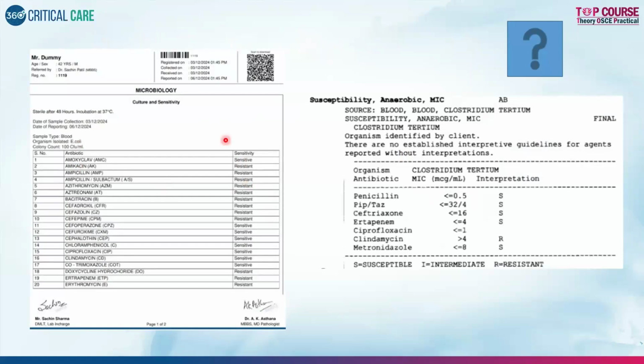So for MIC in a disc diffusion, you need to do something called a linear regression, and then they'll give it to you. Otherwise, it's not required; you can just directly go with this understanding. If you need to know which is a better antibiotic, you need to call the microbiologist and then decide which is the better choice. This is one of the drawbacks of disc diffusion, but it is not inferior to broth dilution.